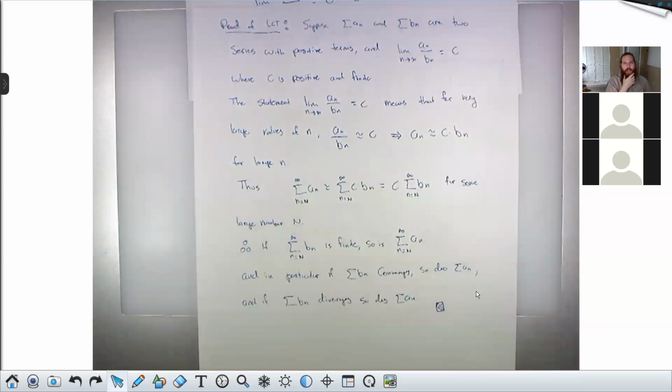You heard me use the word tail there a few times. Tail is the term for the end of the series. If you throw away the first few terms, that doesn't affect the convergence. Any finite number of terms can have no effect on the convergence because adding up a finite number of terms is always finite. So I don't really care about what happens early on in the series.